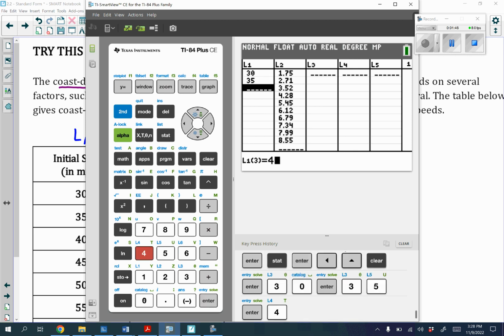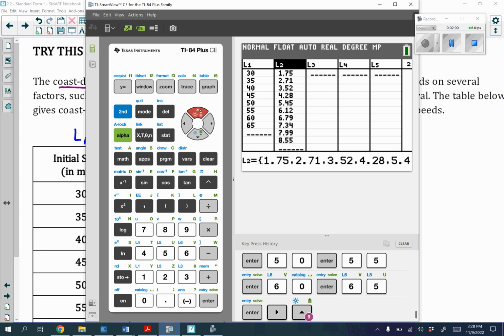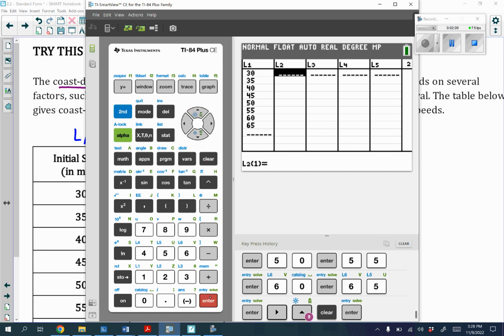For example, I'll do 40, Enter, and then it goes in. Now I need to do the same thing: go up to L2, make sure it's highlighted, press Clear, then Enter. Now plug in your L2 values.